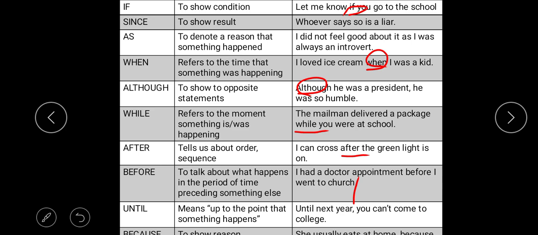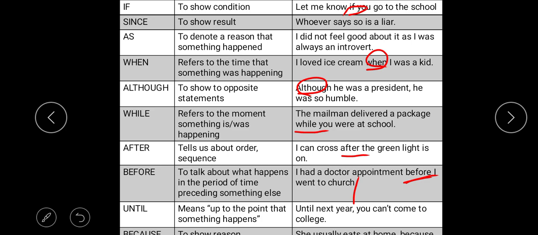Before: when you want to talk about something that happened before something, preceding something, then you can always use before. I had a doctor appointment before I went to church. Before here: an appointment that happened and preceded something else. Next, until.